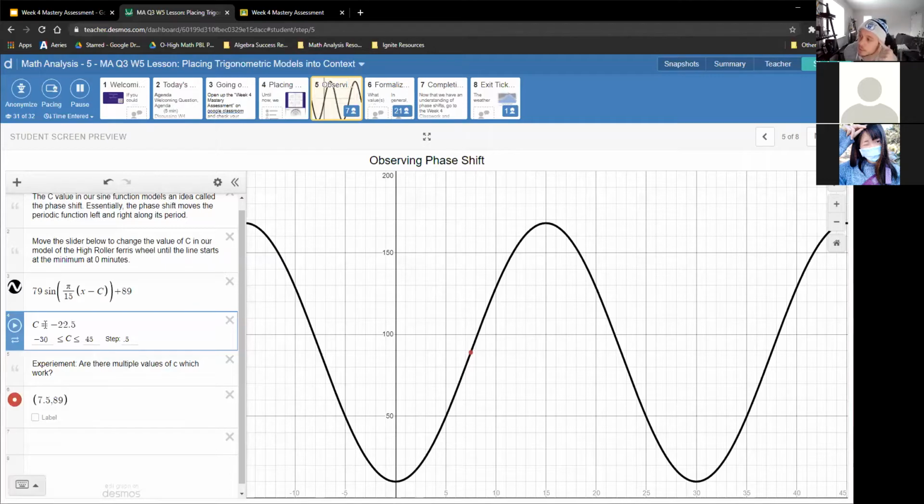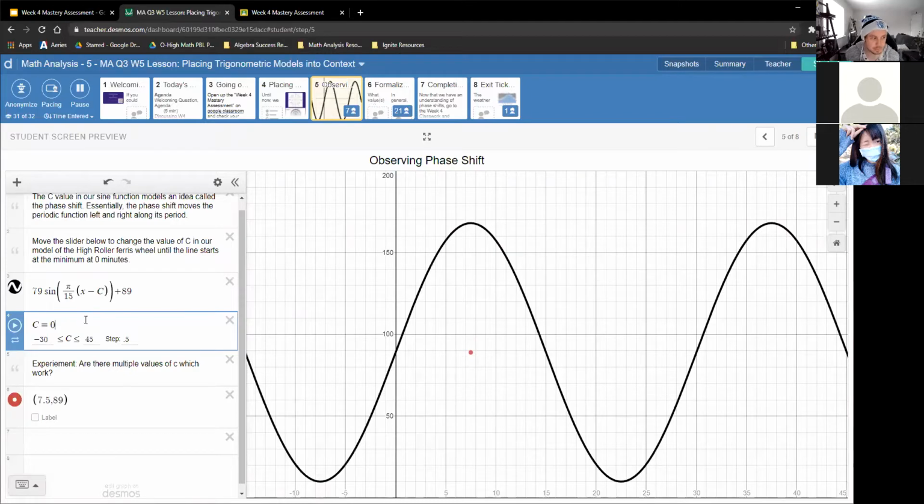What's interesting, guys, is because these are periodic functions, they repeat themselves every period. What's happening with the phase shift is that we're moving it by a fraction of that period in order to match it up, right? But if I moved something a whole period, like if I take c equals 0, the original, and I make it c equals 30, it won't change at all. Do you see that?